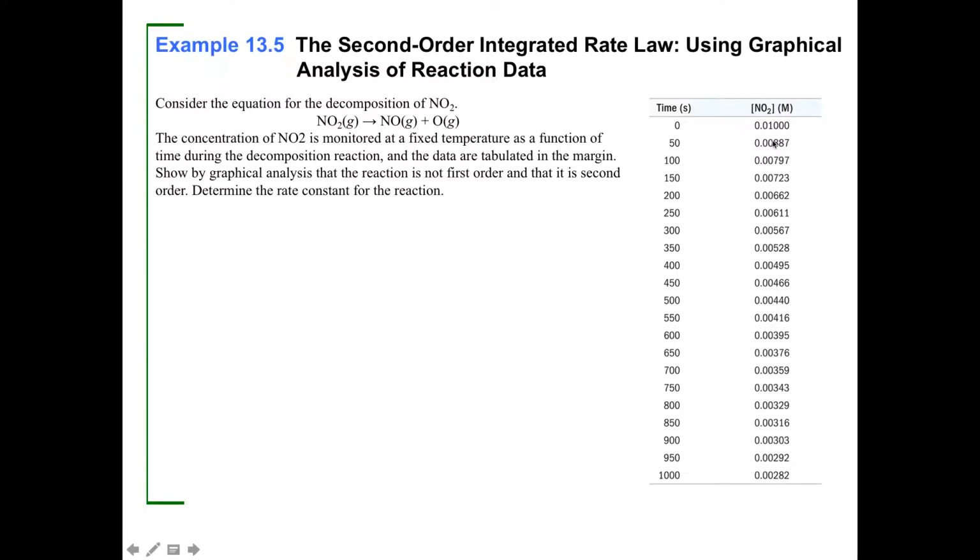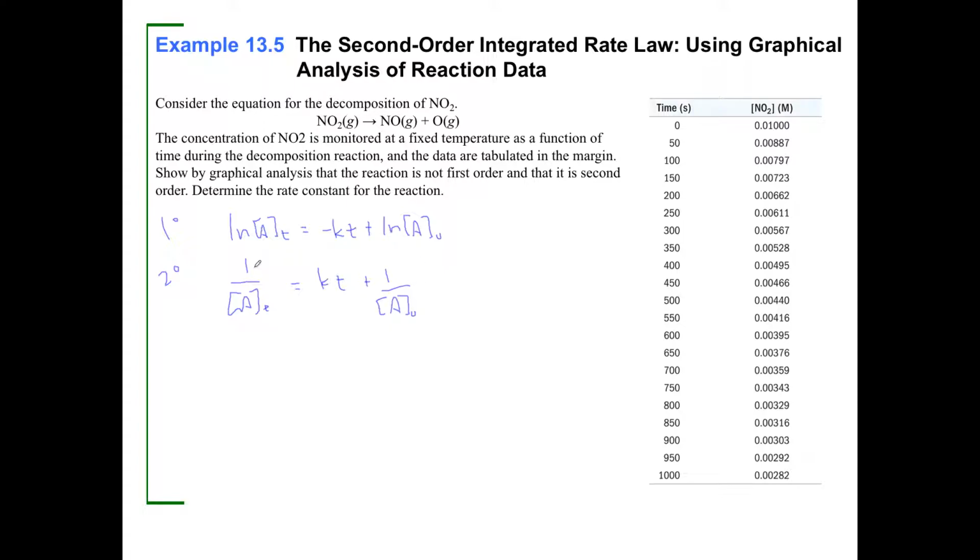The way we would do it is, I'm going to lose these notes, these are temporary notes here. I would say, remember that first order is natural log of A at time t equals minus kt plus the natural log of A at time 0. And second order is 1 over A at time t equals kt plus 1 over A at time 0.